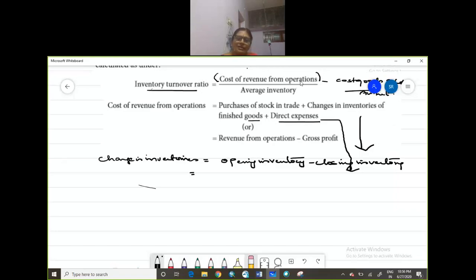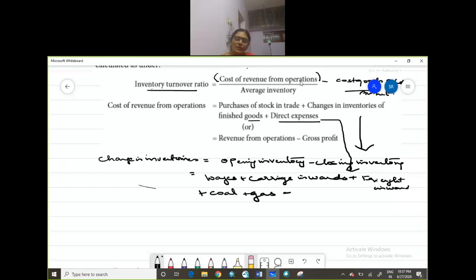All these direct expenses are like wages, carriage inwards, freight inwards, coal, gas, fuel, power, and other direct expenses normally incurred in your factory.